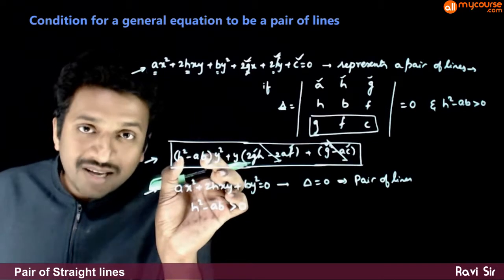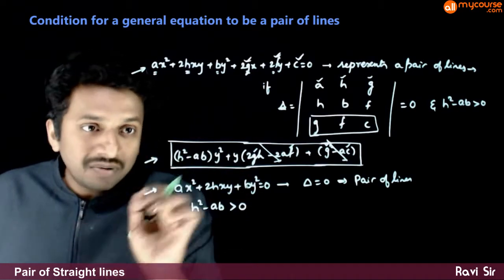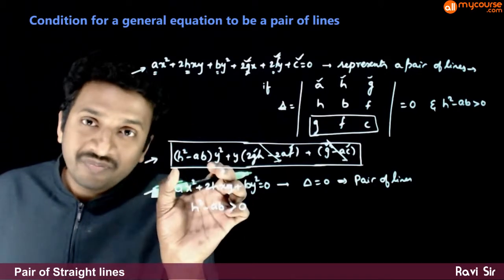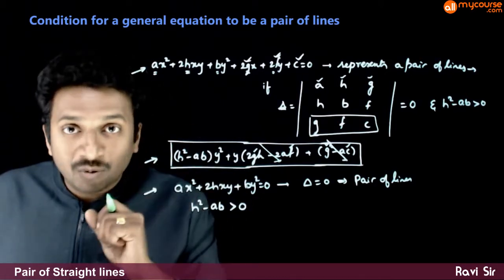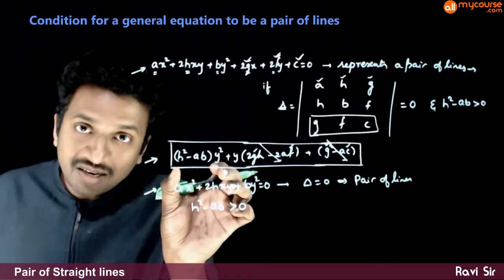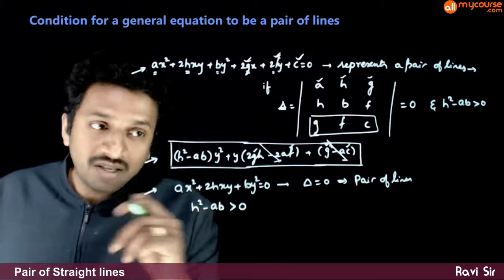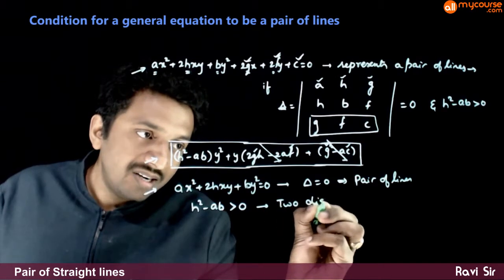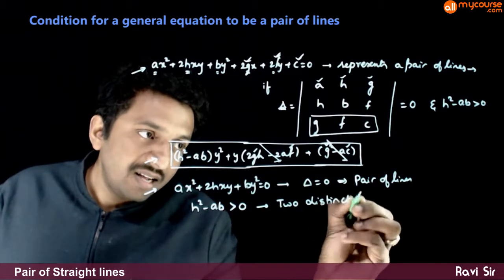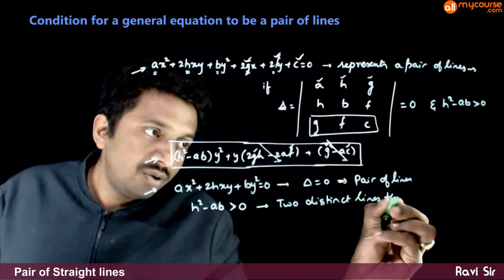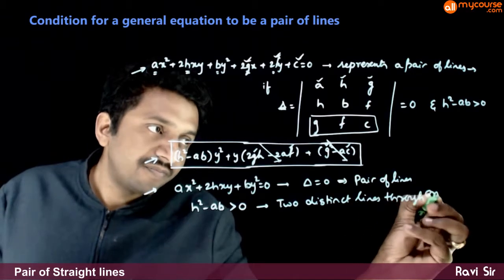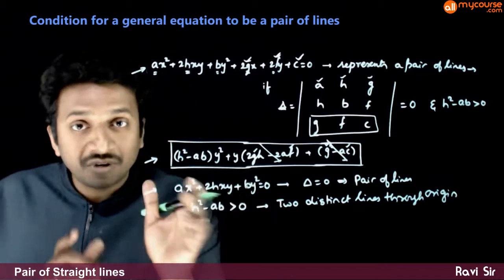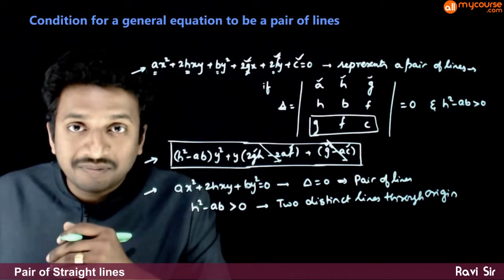So if h square minus ab is greater than 0, the root of this will be nicely obtained outside. Root of this will be linear in y. So h square minus ab greater than 0, you get two distinct lines through origin. As we have seen, the small equation comes if both the lines pass through origin.